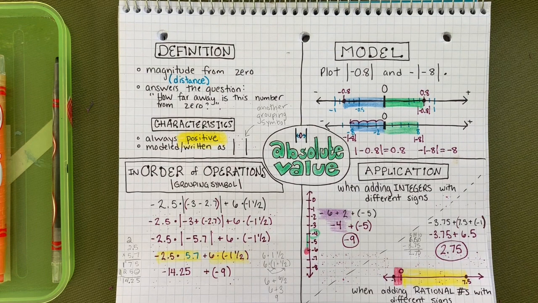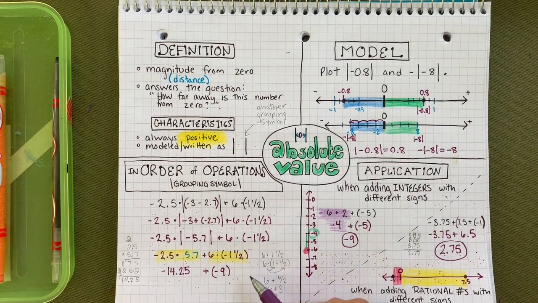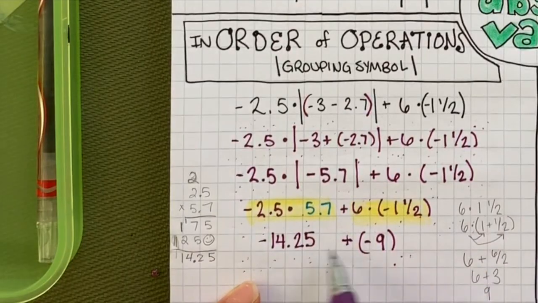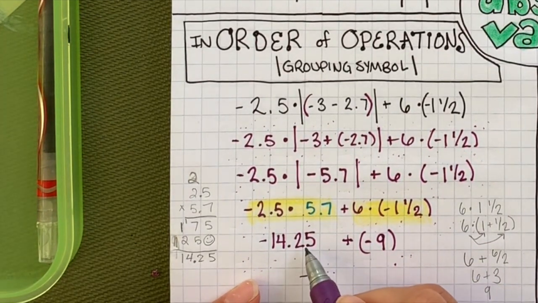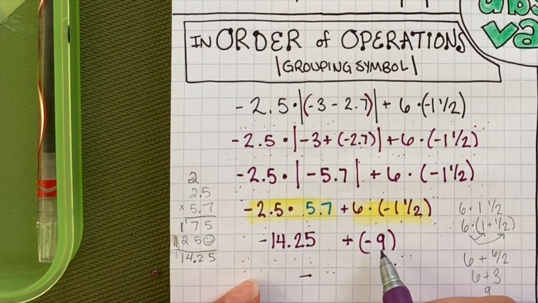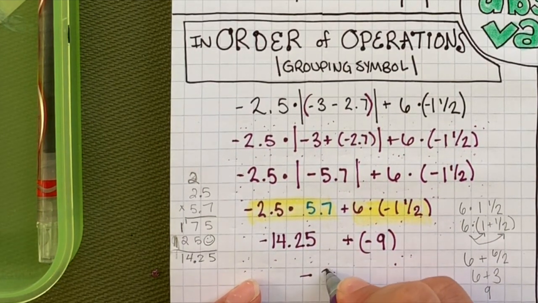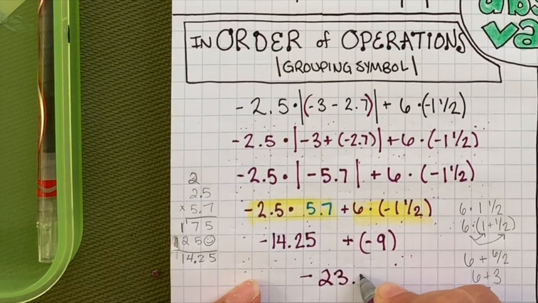The product of 6 and -1.5 is -9. Now we have the sum of two negative numbers. We know the sum will be negative. 14 and 25/100 plus -9 is -23 and 25/100.